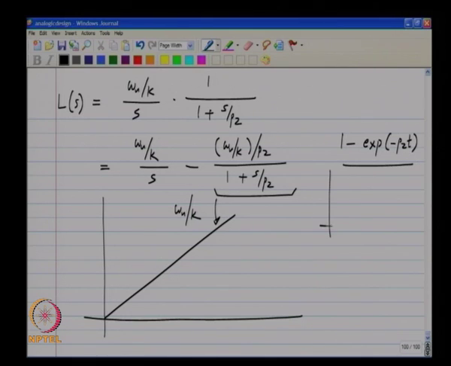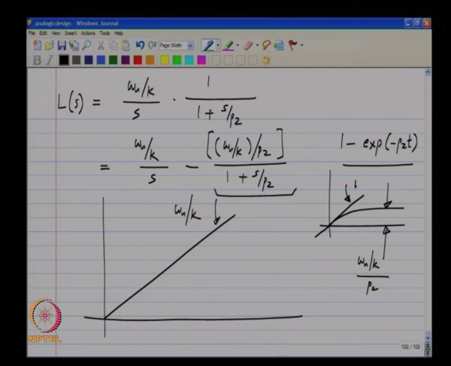Okay. It has this particular shape, and because of this particular factor, the height of this will be omega u by k divided by P2, and the slope at the start will be exactly equal to omega u by k. Okay. So, that means that we have to subtract something like this from the black curve, and both of them have the same initial slope, and the height of this is omega u by k divided by P2.